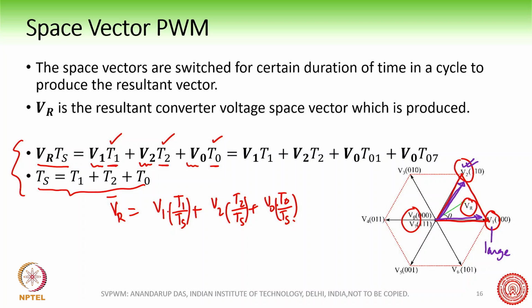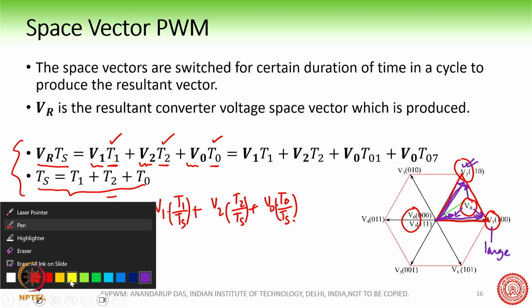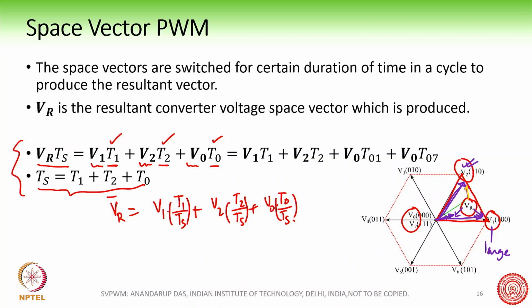And if I use V0 for a long duration of time, the resultant vector will remain small in size. So you can see VR can be moved here, here or here, this way or this way, by adjusting how much time we are going to spend on V1, V2 and V0.